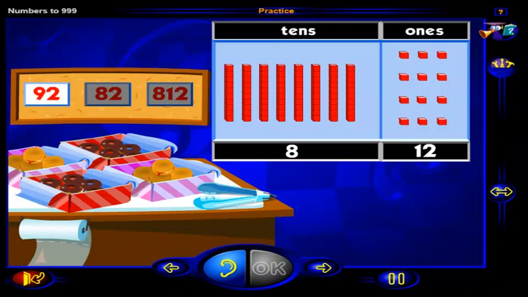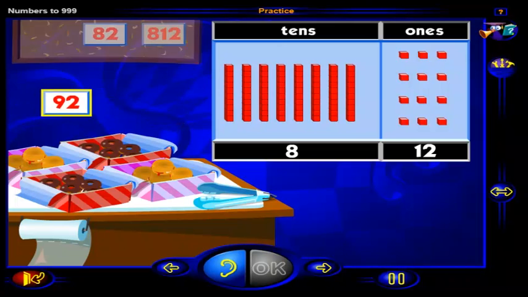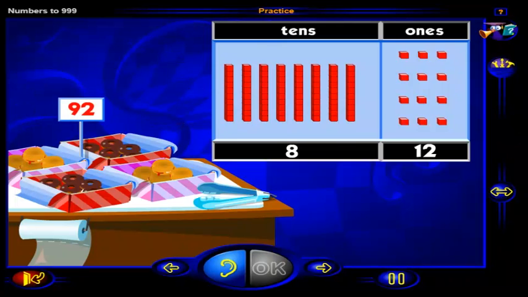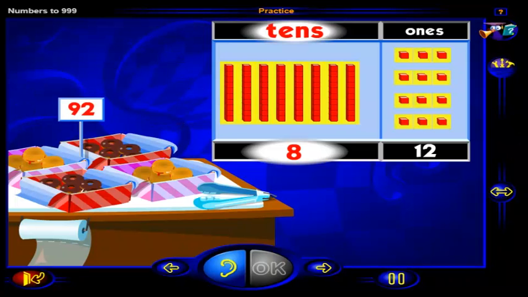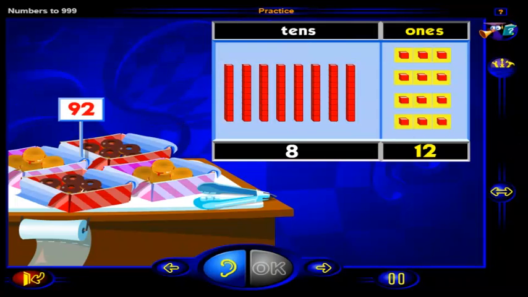That's it. There are 92 donuts. These blocks show 8 tens and 12 ones. 12 ones is equal to 1 ten and 2 ones.